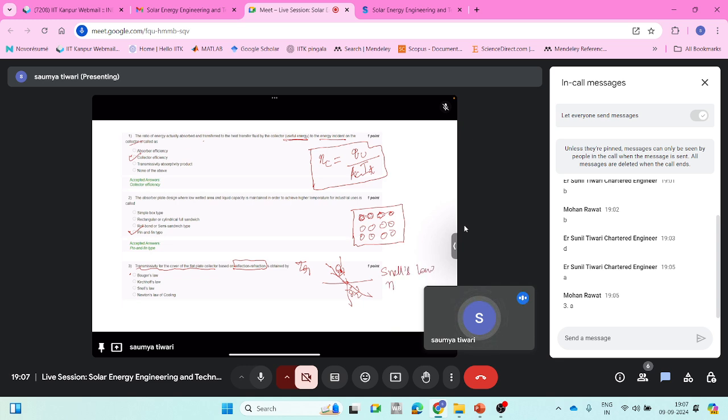Which is given by n2 by n1 equal to sine theta 1 by sine theta 2. So the third option will be correct. The option you have opted for is for transmittivity based on absorption.